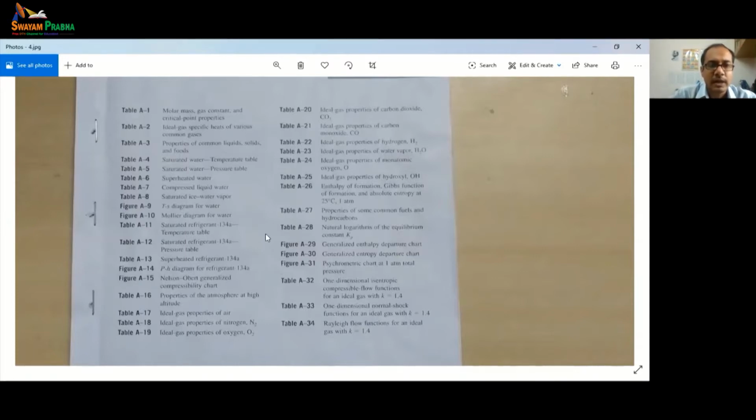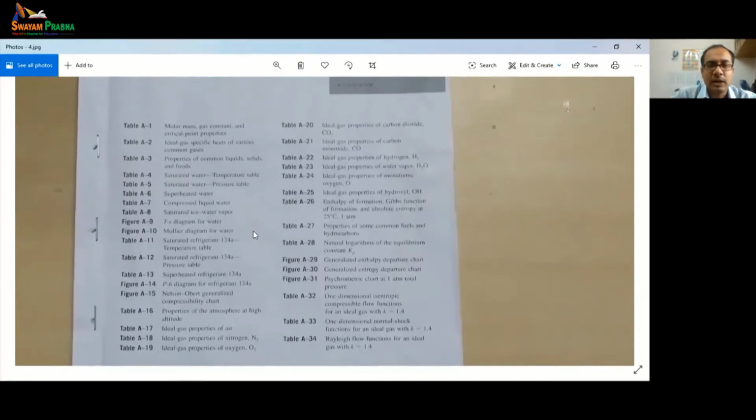We'll see that these tables are very important for quickly finding numbers, and they have been obtained through very accurate and thorough experimentation over decades.